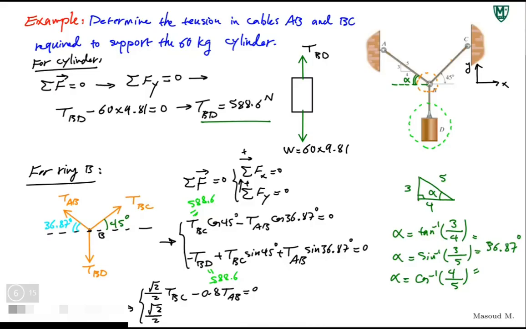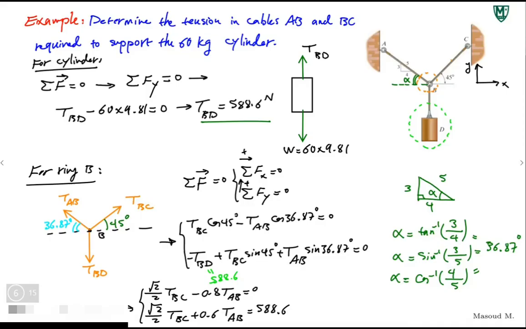Square root of 2 over 2, sine 45, so it's TBC, plus 0.6 TAB right there. And I'll take TBD to the other side because that's the known value. Sorry, this TBC we don't know. I shouldn't have put it here. Only we know TBD. TBD goes to the other side, becomes 588.6.